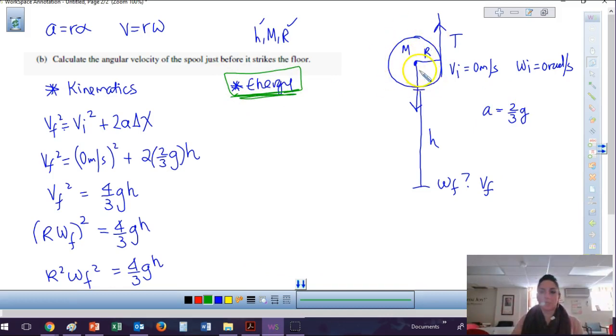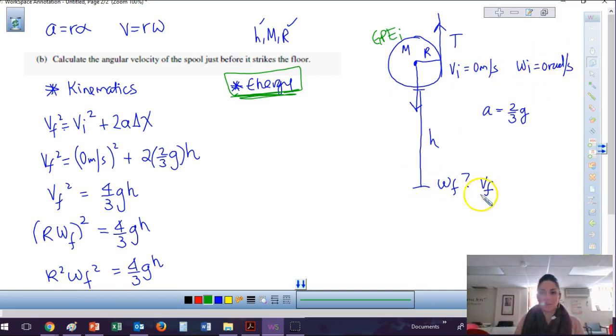Notice that we have this object at some height. Anytime we're displaced at a height, we start off with our gravitational potential energy up here. Since we're at rest, there's no linear kinetic energy and there's no rotational energy.